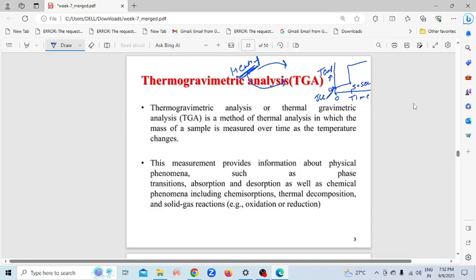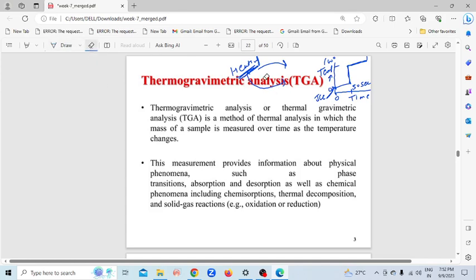Ice needs some energy to convert into water. Then the temperature will rise from here to here. Then at 100 degree centigrade the temperature is fixed again. Why? Because again energy is consumed in converting liquid to vapor. The same thing is happening here.